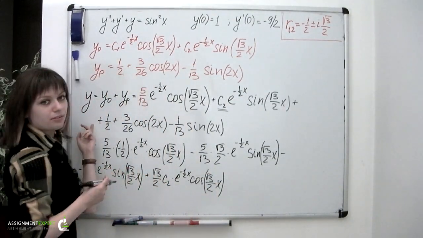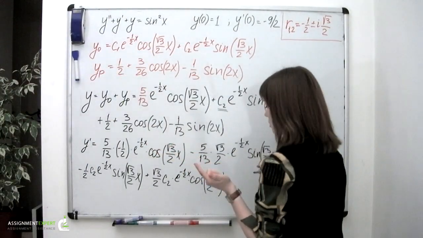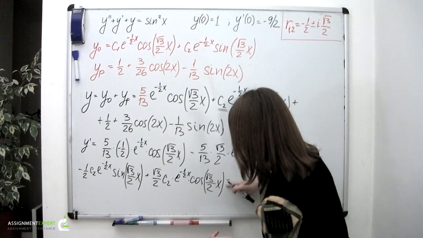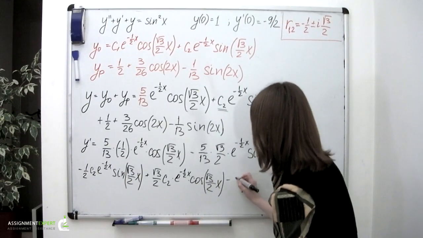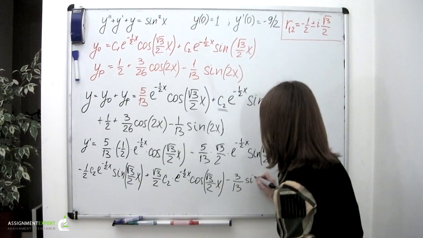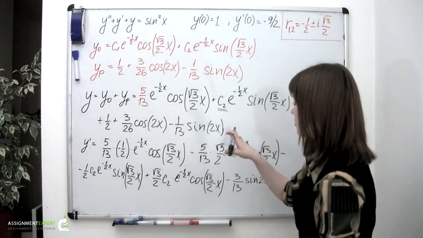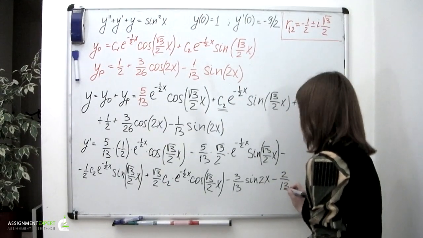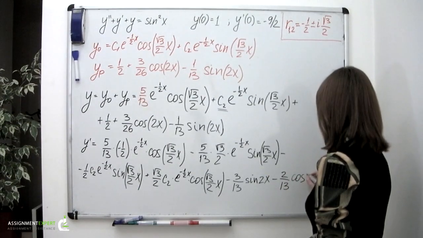The first derivative of a constant equals 0. The first derivative of the cosine function is the negative sine function, so we go minus 3/13 times sine of 2x, and finally we have minus 2/13 times the cosine of 2x.